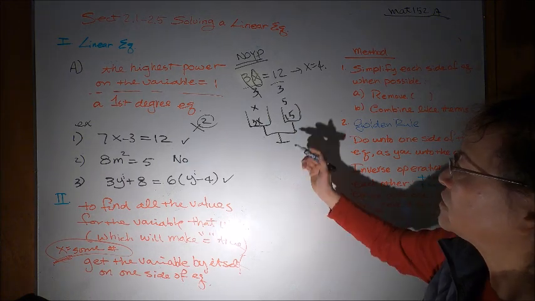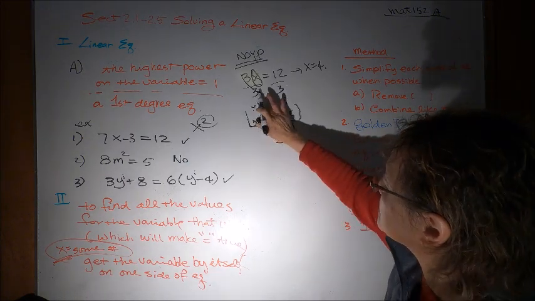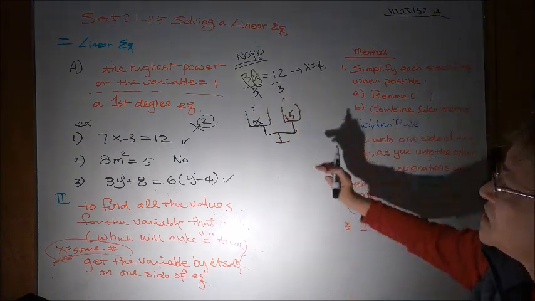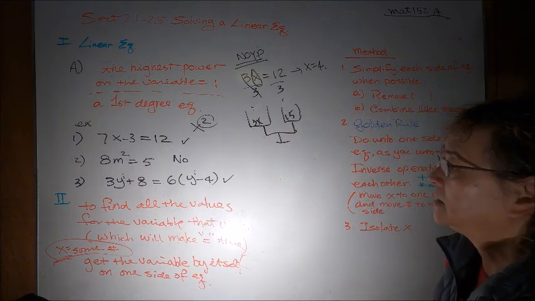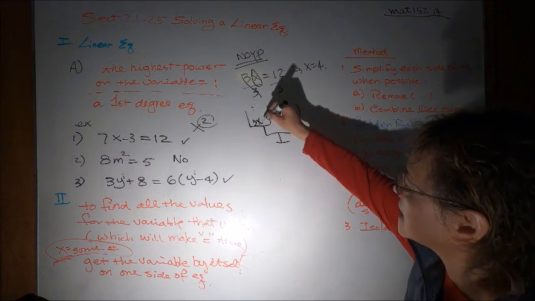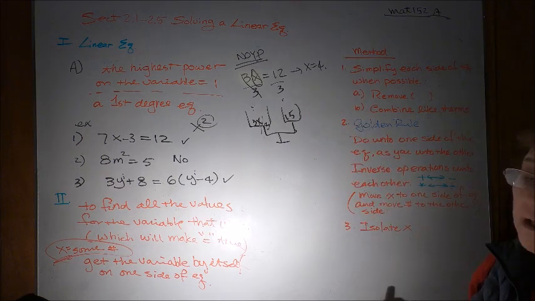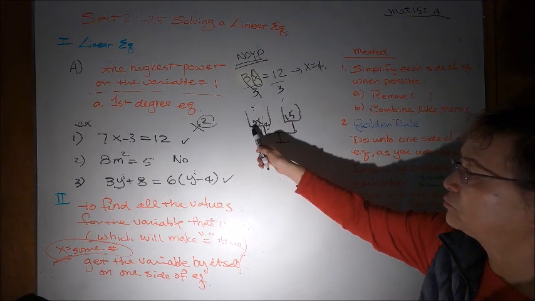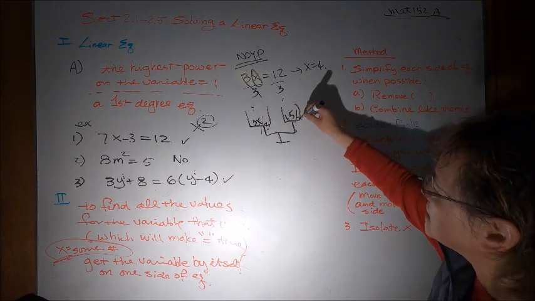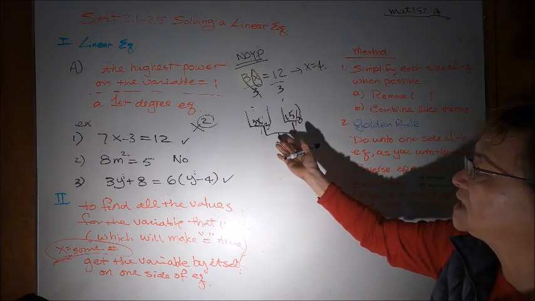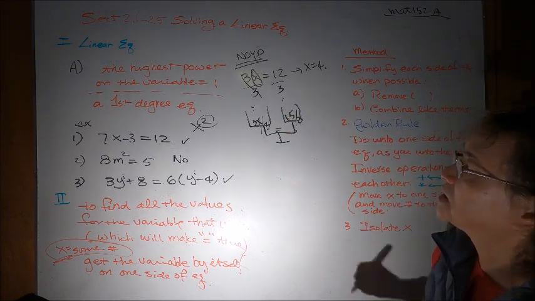So if 3x is 15 and I want to find x, that means I take 1/3 of it. If I do one side, I need to do the other side, to keep the balance, to keep the equal sign.